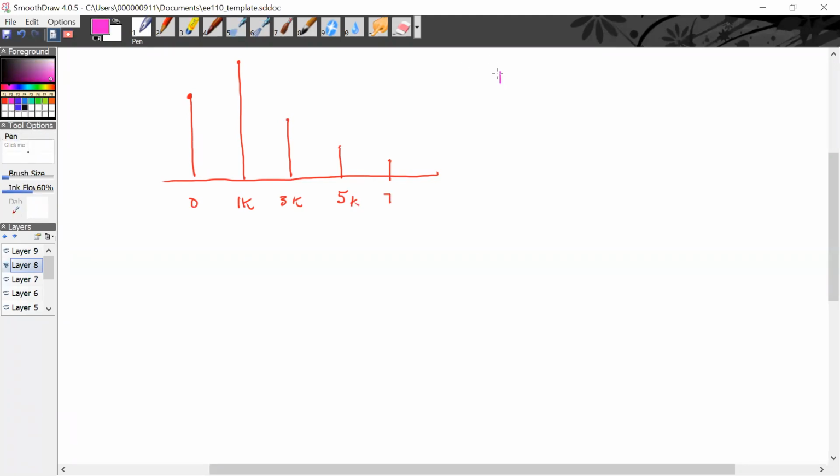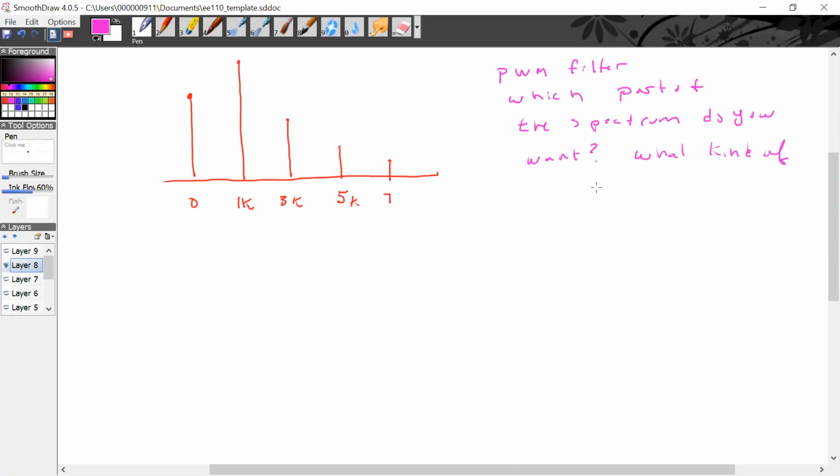And you say, hey, I want to make a PWM filter. So I have a PWM filter. Which part of the spectrum do I want?